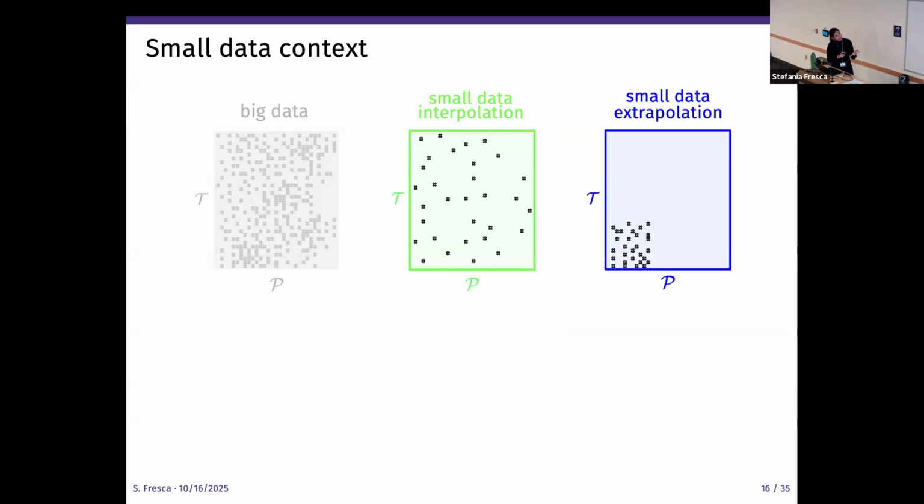In the second case, we draw snapshots from a very small region of the entire time-parameter domain, and so there is a total absence of data in an extended portion of it. However, we all know that the reliability of neural networks strongly depends on the amount of data they are fed with during the training procedure.